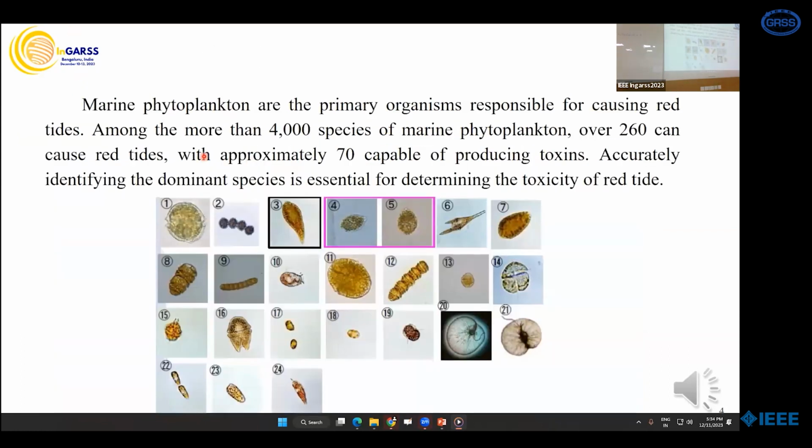Marine phytoplankton are the primary organisms responsible for causing red tide. Among the more than 4,000 species, over 260 can cause red tide, and 70 can produce toxin. Therefore, accurately identifying the dominant species is essential for determining the toxicity of red tide.